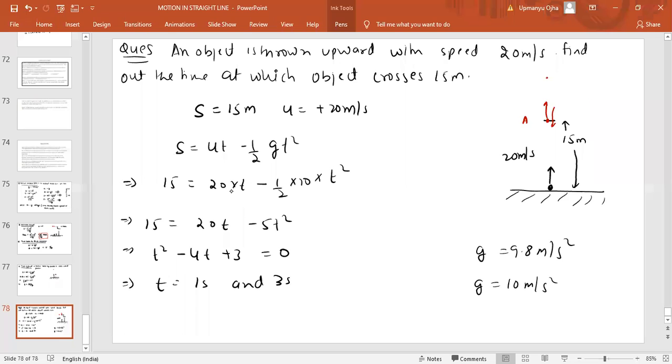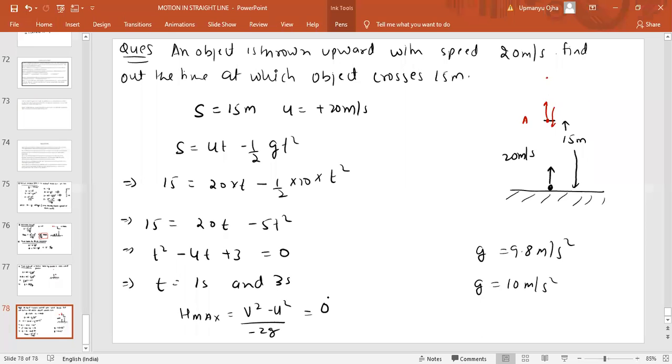If you are saying the 20-meter mark, this is only possible if the maximum height is less than 20 meters. What is the maximum height in this case? Let us find the maximum height here. H max will be equal to v square minus u square by minus 2g.